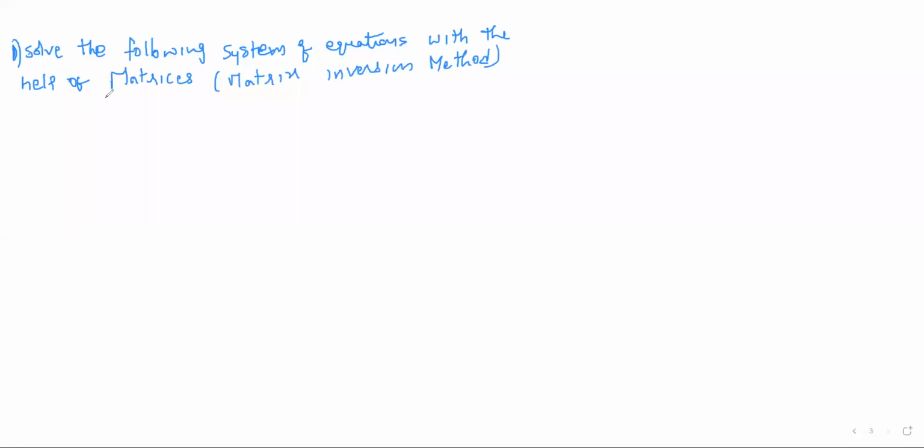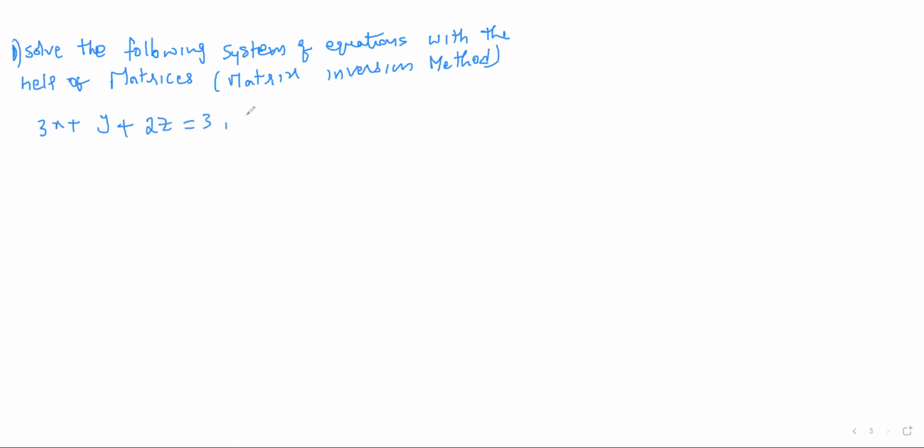Okay, what are the equations given in the problem? 3x plus y plus 2z is equal to 3.